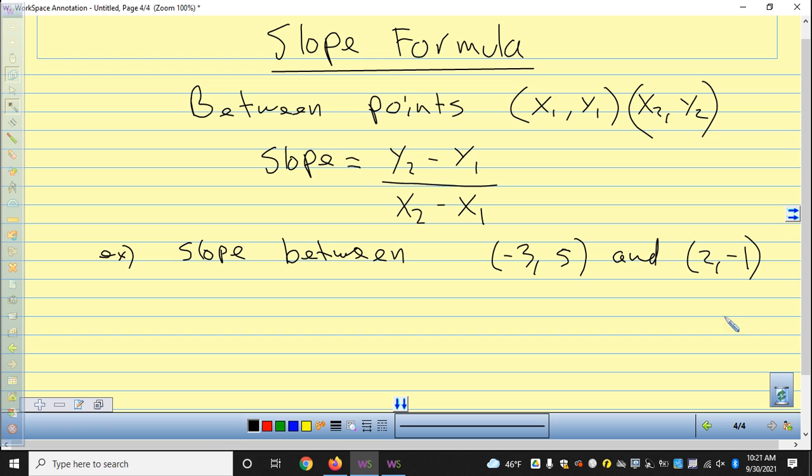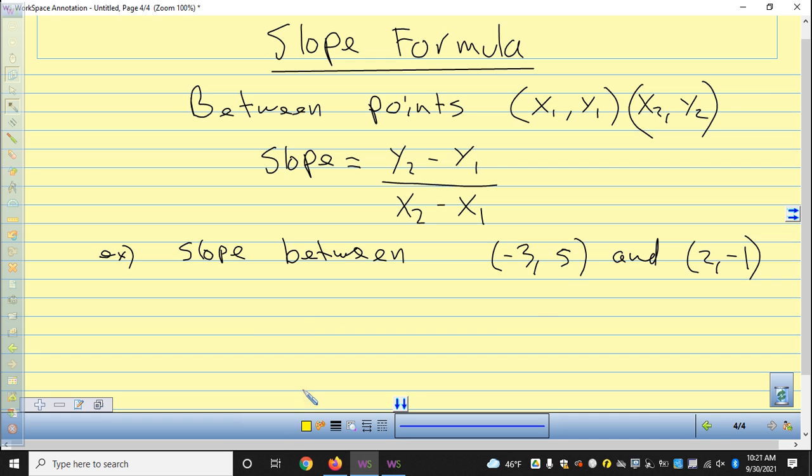Now we could draw a graph and plot these points and count our rise and count our run. You can do that. It gets a little harder if this were 3,572 and 500,896, and this is 200,485, and this is -1,375,000. It's harder to draw that graph.